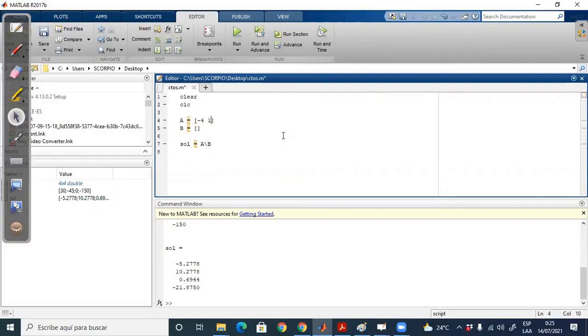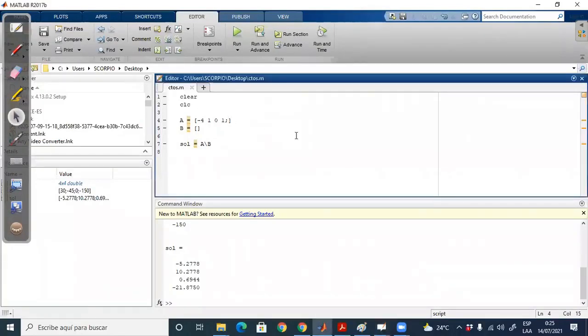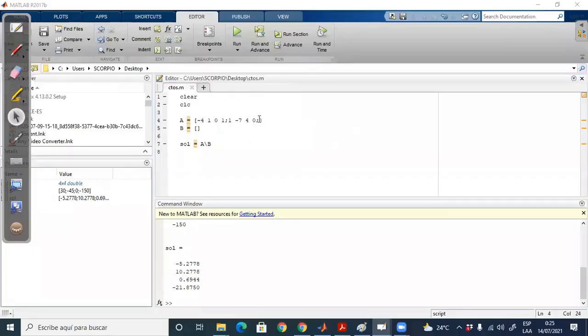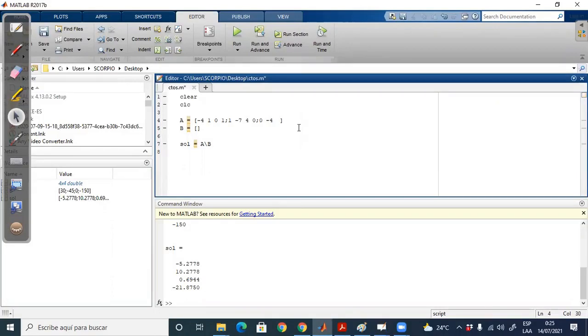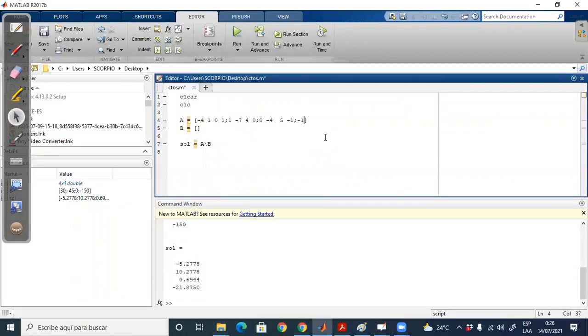Minus 4, 4, 1. 0 and 8. 4, 1, 0 and 1. 1, minus 7, 4, 0. 1, minus 7, 4, 0. 7, 4, 0, minus 4, 5, minus 0, minus 5 and less, and the fourth, minus 1, 5, 0, 5.